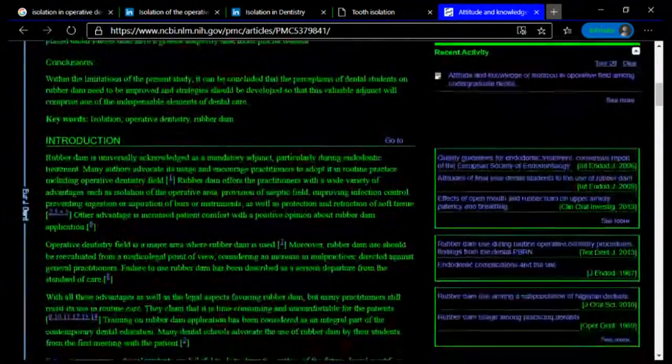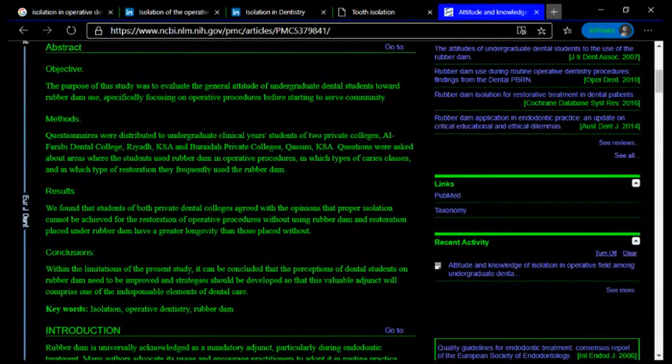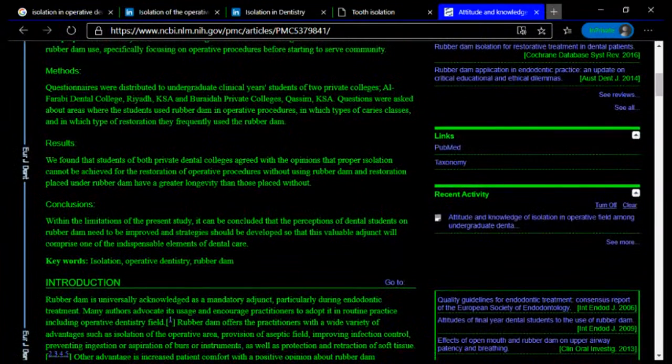Let's see if it's working right now, but I am not sure that it is working. Okay, now it is working. Somehow it was not working for a minute.